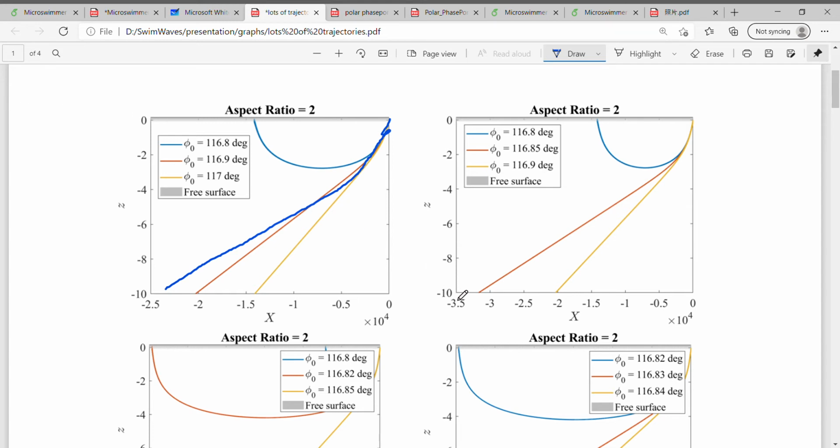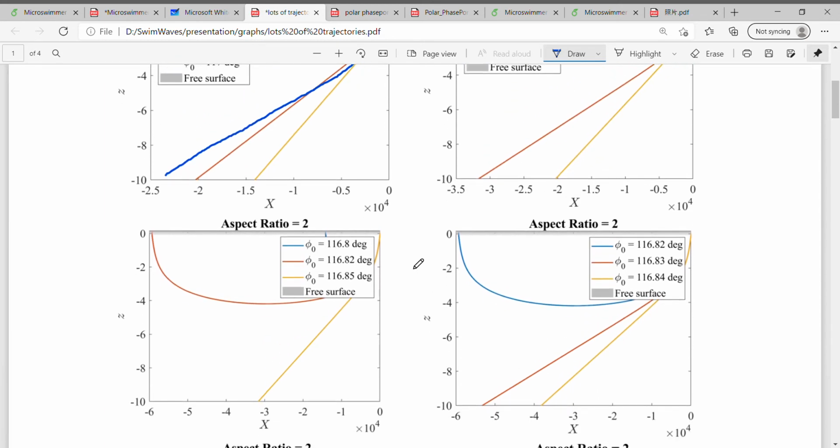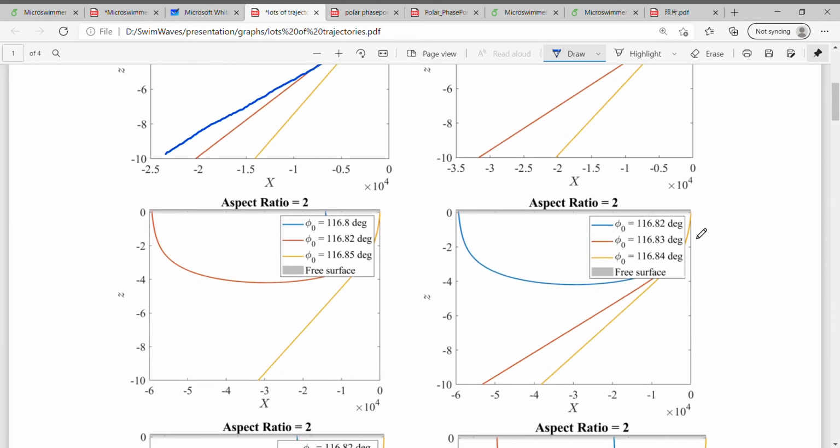The interesting thing that I found is that if these three swimmers, this blue, red, and yellow swimmer, all start at a certain depth, for example minus 0.1, and then I vary the initial orientation of the microswimmer, sometimes it can swim back to the surface, and sometimes it cannot. So there's a separatrix.